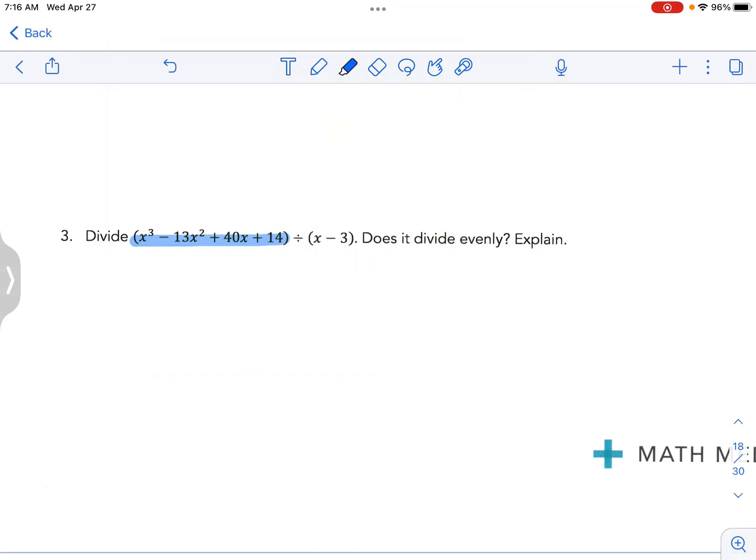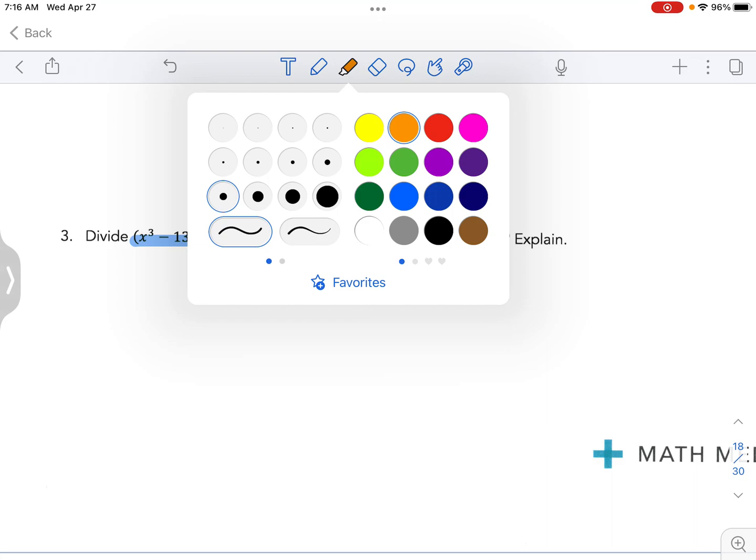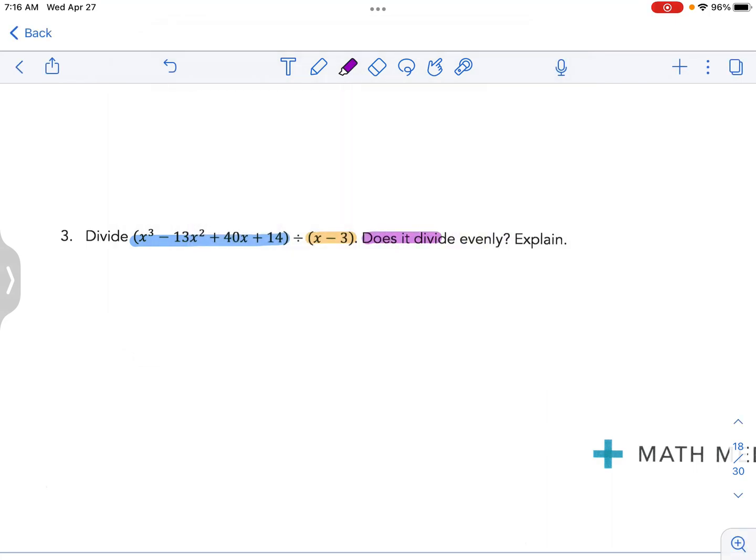Here is one of my factors. And we're trying to find the other factor. And then we're asking, does it divide evenly? Right? In other words, does the last box match? That's really what it is asking.